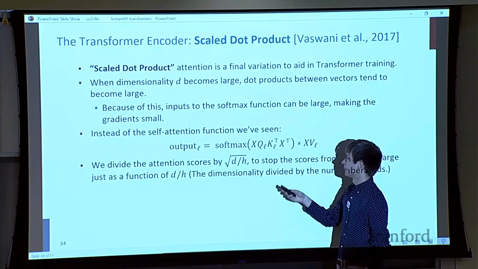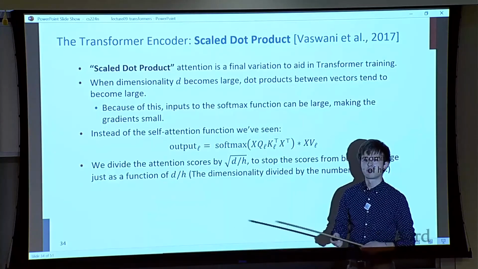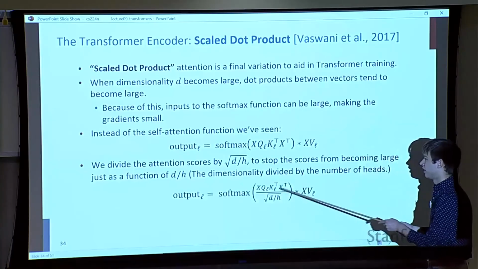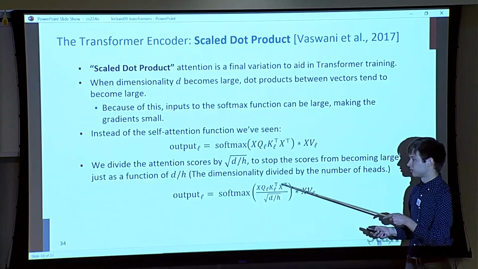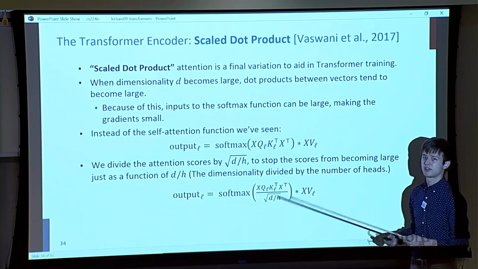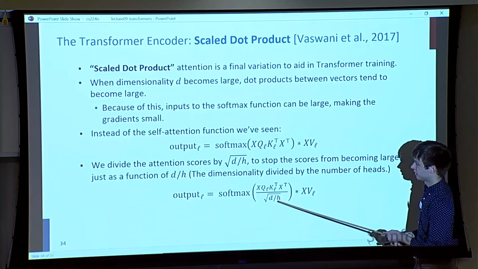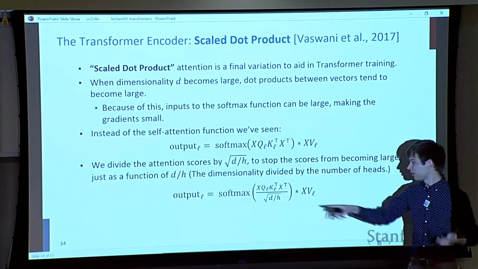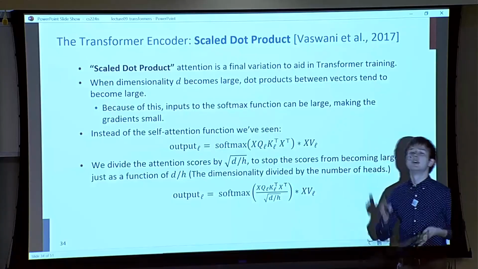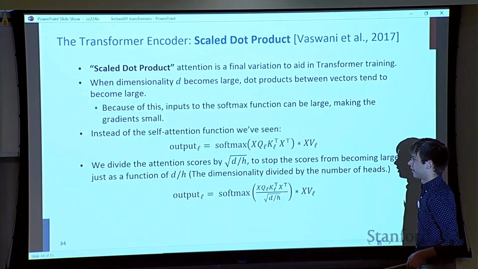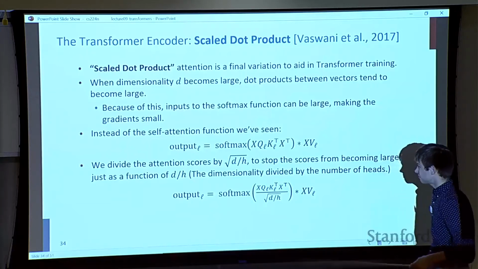And in order to stop the dot products from growing too large, I'm just going to divide all of my scores. So remember, up here, XQ K^T X^T is a T by T matrix of scores. I'm going to divide them all by the square root of d over h. And as d grows, d over h grows, and so your dot products don't grow, and this ends up being helpful as well.